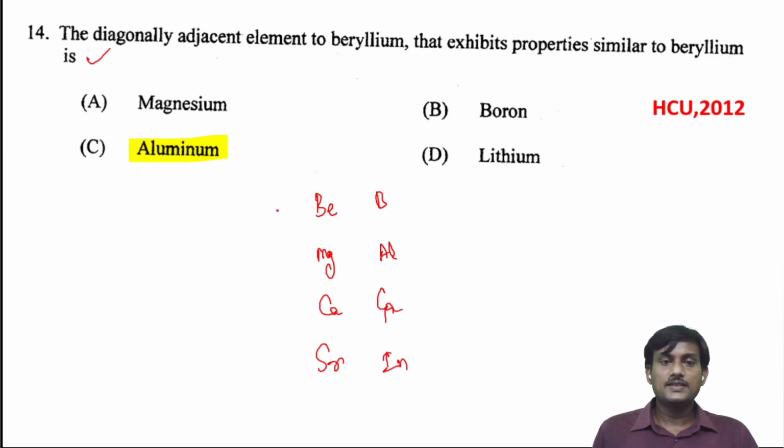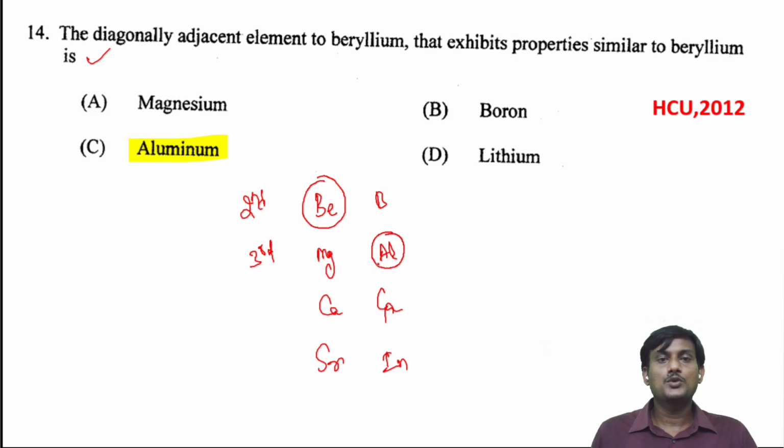This is the second period, and this is the third period. There is a diagonal relation between a second period element with the third period next group element. So this is a diagonal relationship. There is a diagonal relationship between beryllium and aluminum.